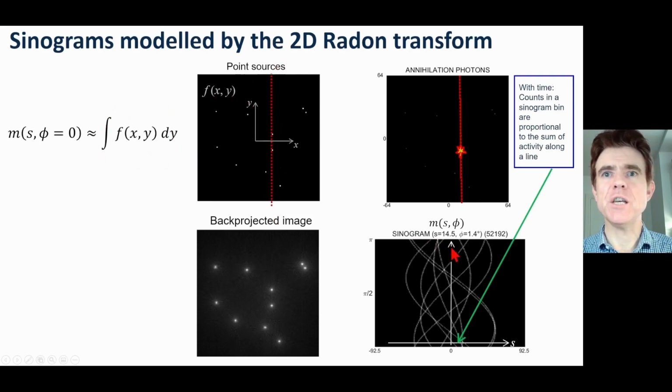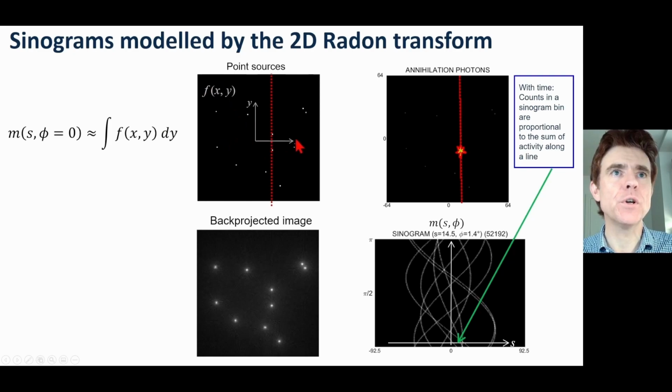So for this case here, if you'd allow me to imagine that's a value of phi equal to 0, remember the xy coordinate system, well here the angle phi is tiny, there's a very slight angle on that, but let's consider it as 0. And then we've got some distance s, 14.5 from the center of the field of view, and that lands us approximately there. Then what we're saying is that the number of counts m is approximately equal to the integral of f of xy along axis y.